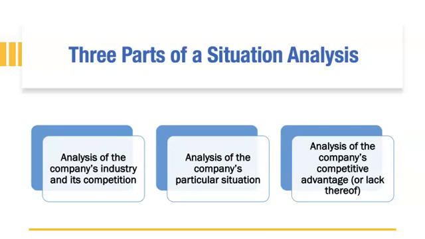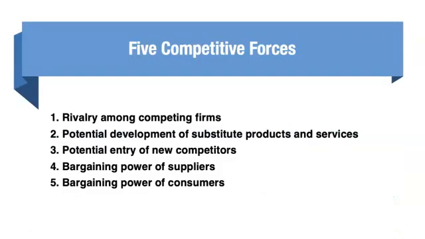You obviously have this analysis of a company's industry and its competition. Then you have the particular situation, and then you have the competitive advantage or lack thereof. So these are the 3 parts of the situational analysis, which lead into what you all will be doing in terms of the 5 competitive forces.